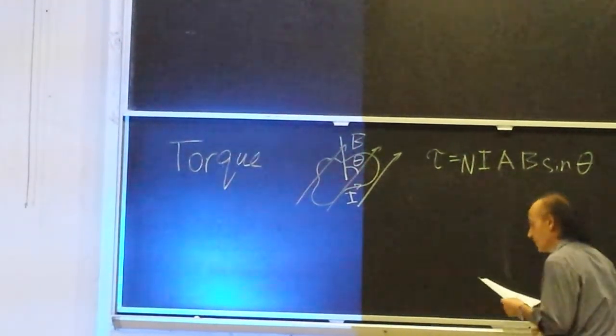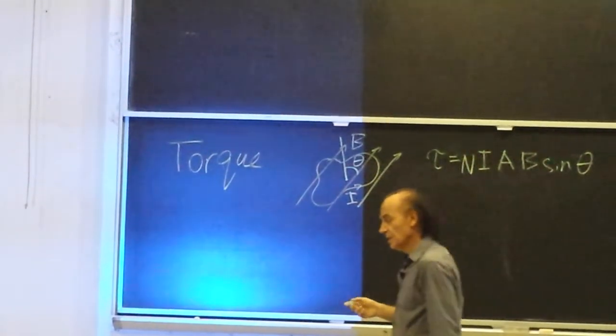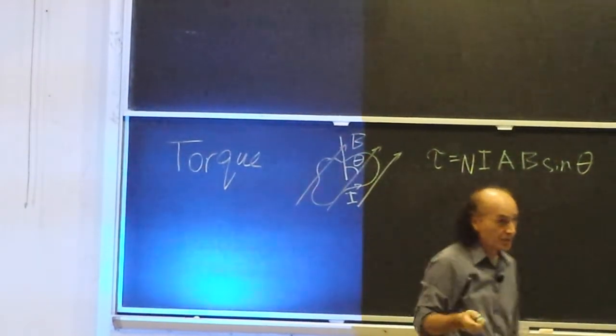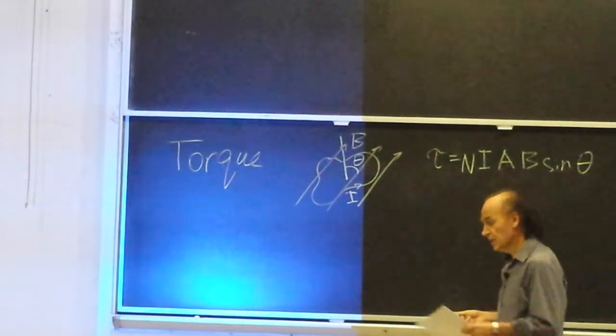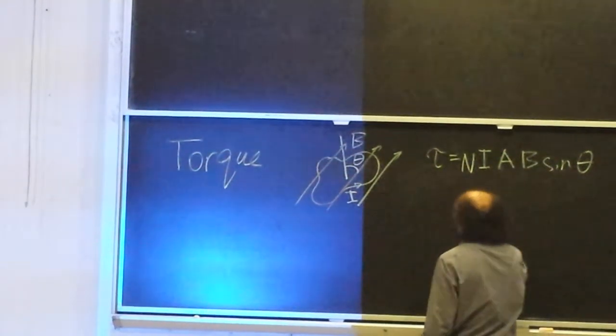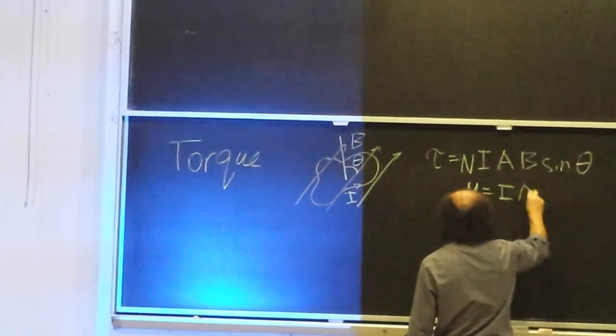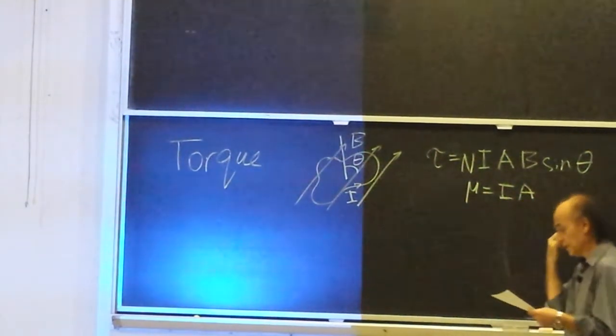And also for any circuit, the product of current in this circuit multiplied by this area is the magnetic moment of this loop. So mu is the current times cross-sectional area.